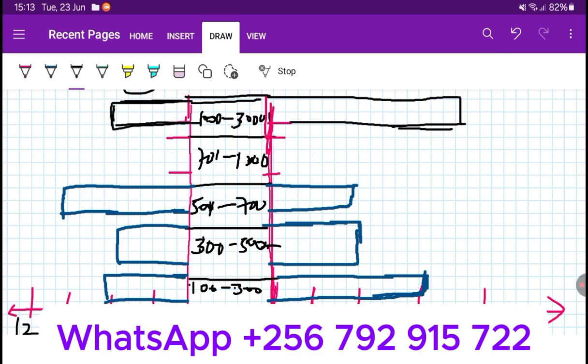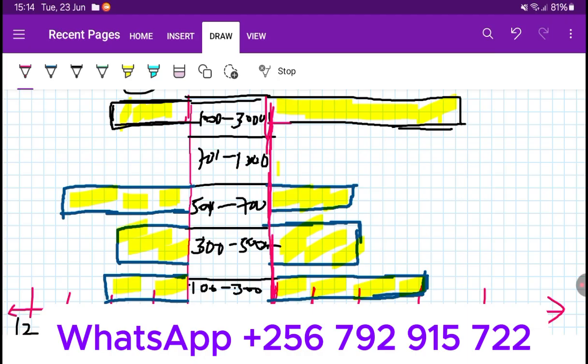Now we come and shade. Of course, this one that had 0, 0, we can remove these slashes, because if you leave them there, they will be like they are representing certain values when they are not representing any value.